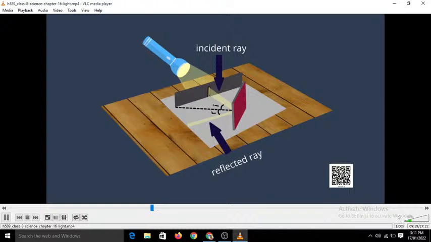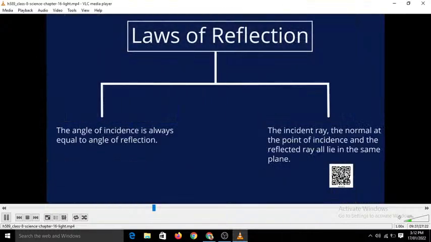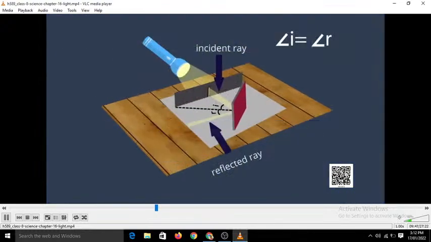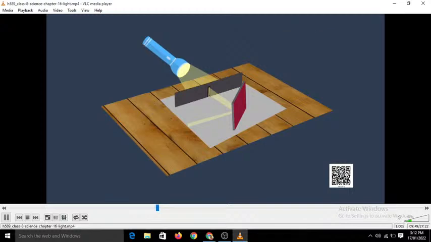You will find that both the angles are equal in measurement. It proves the first law of reflection, that is, the angle of incidence is always equal to the angle of reflection. Children, you can take different readings by changing the position of the torch.